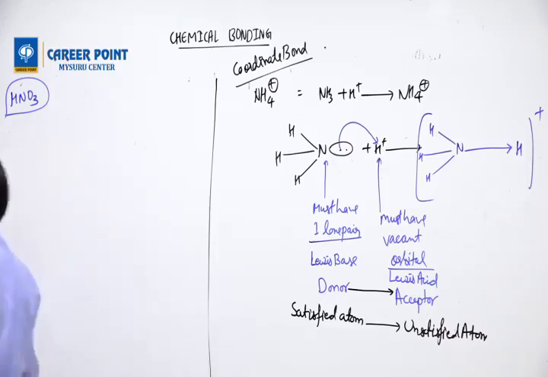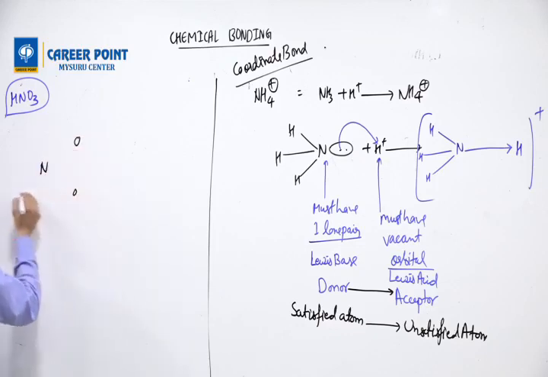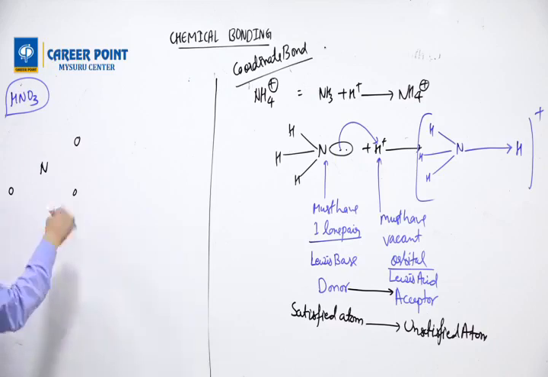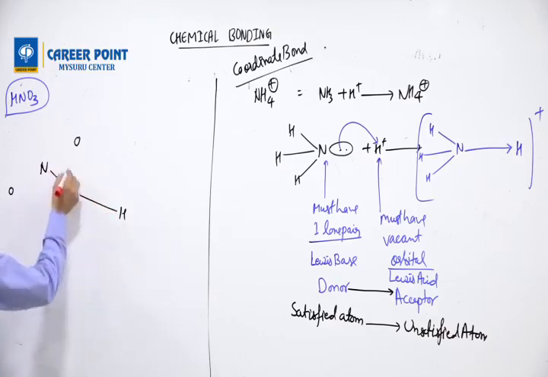So okay, now I'll solve this question. Nitrogen at the center, oxygen, oxygen, oxygen, and hydrogen on one side, any side. Okay? So now join them. But then here is a problem.